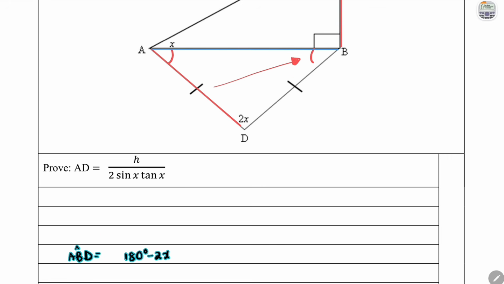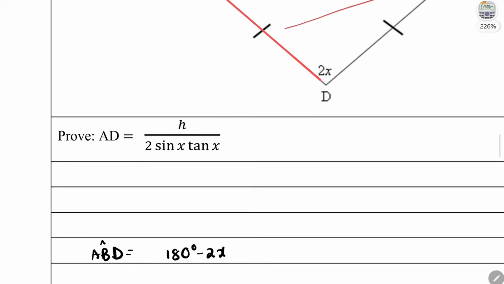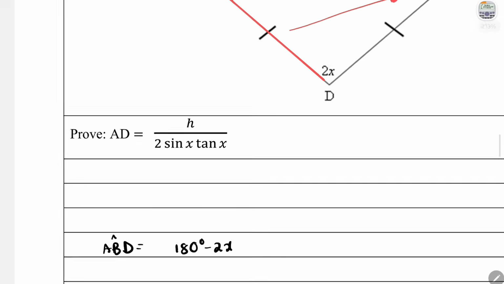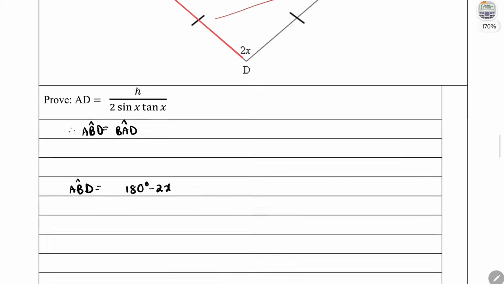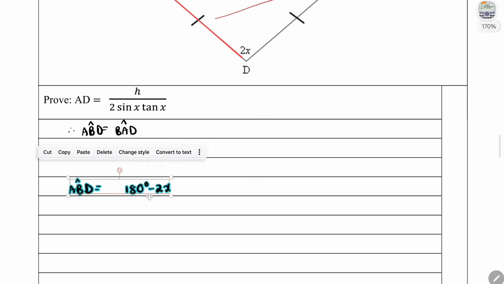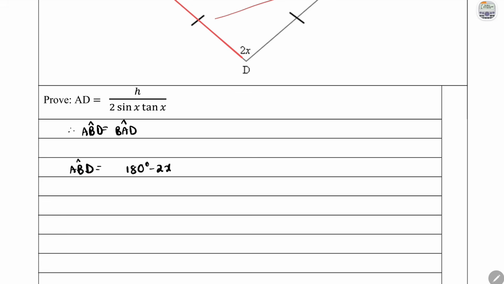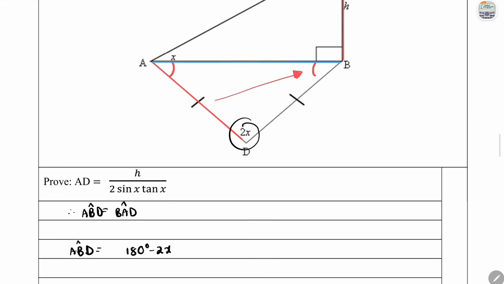Okay, so you can't start by doing that. But the thing is with 2D and 3D trig, it's not Euclid where you need to put reasons. Okay, so we can just tell them that angle ABD is equal to angle BAD, because we have an isosceles triangle. And so let's go ahead and find angle ABD. So this is 180 degrees minus 2x, but then there are two of the exact same angle.